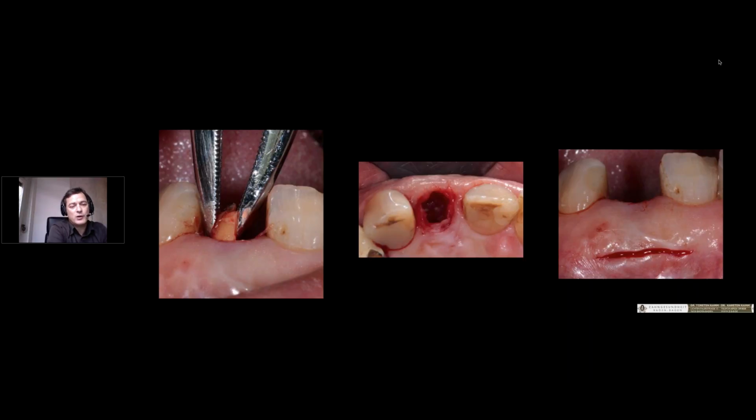So in this case, we can do immediate implantation with immediate loading, because you see my classification of the socket types. We have type 1, 2, and 3, and this is type 1, because these types describe only the bone on the top of the socket. If you have a hole on the apical side, it doesn't matter.